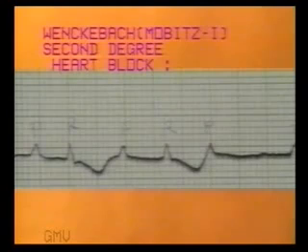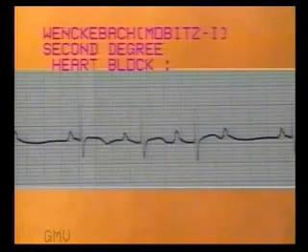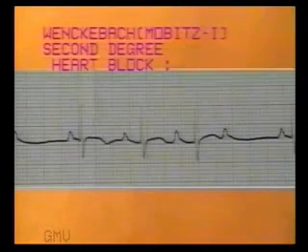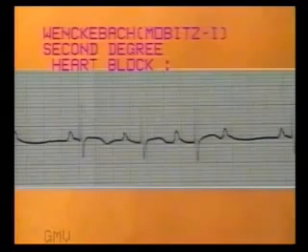This is Wenckebach phenomenon. This is because each successive impulse arrives earlier and earlier in the refractory period of the AV node and takes progressively longer time to penetrate the AV node. At last, a beat is dropped and the pause that occurs allows time for the AV node to recover, and the next PR interval is again normal.